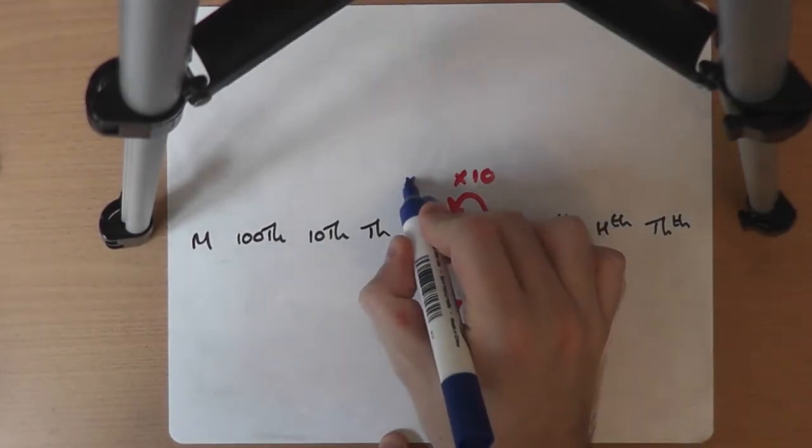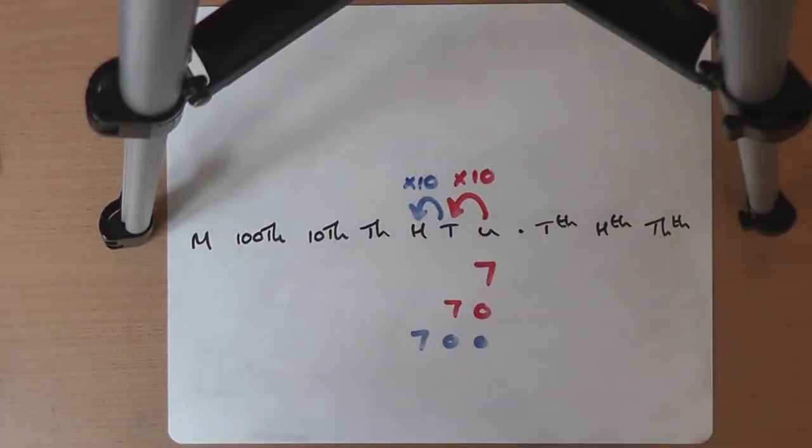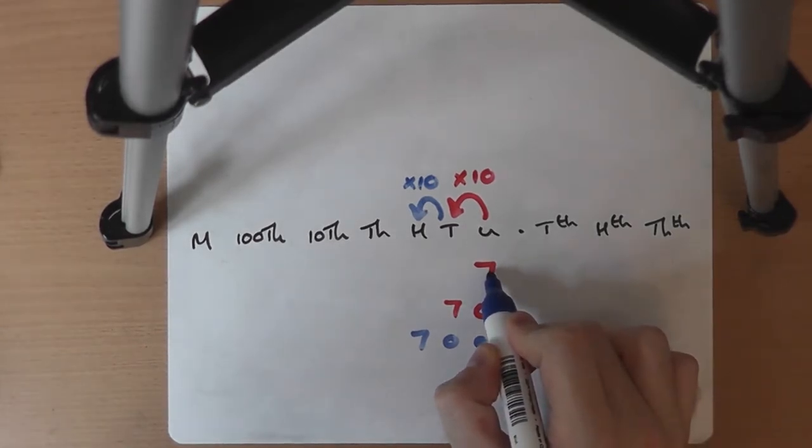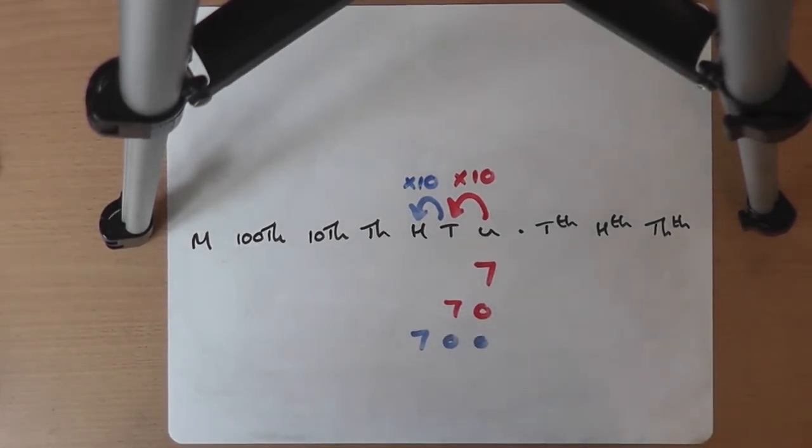It has got 10 times bigger again. And in fact, if we look at how the 7 has got bigger from 7 to 700 rather than just 70 to 700, overall it's gone from 7 to 700, it must have got 100 times bigger. Which makes sense because it's got 10 times bigger, then 10 times bigger again. And if you want to think back to your times tables, 10 times 10 is 100. It's got 100 times bigger.